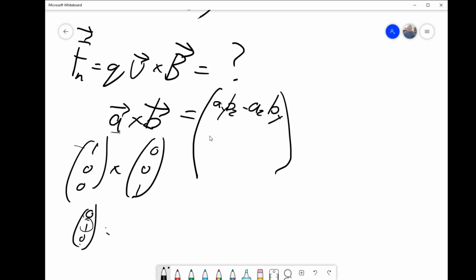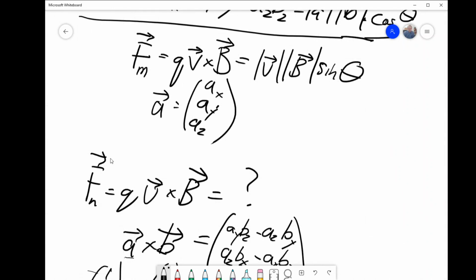So we will actually see ourselves cycle through these variables. The y component is based on the x and z components of the original, and the z component of the product is based on the x and y components of the original. And this is another one that you will be able to show is equal to the product of the magnitudes times sine once you get through that linear algebra course I mentioned before.